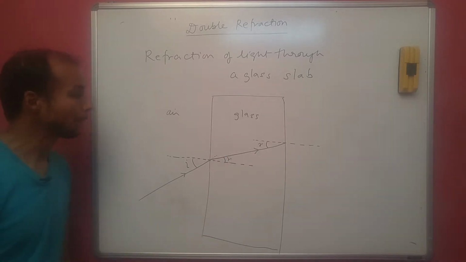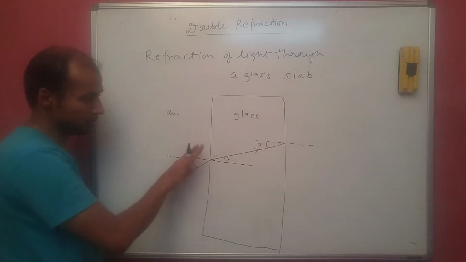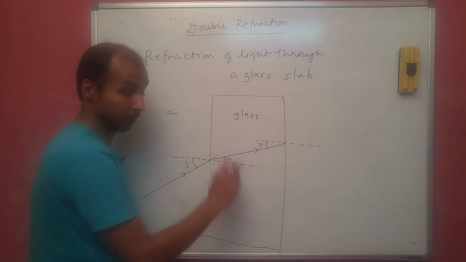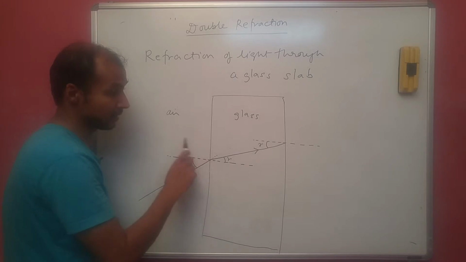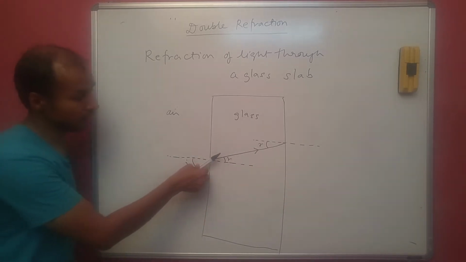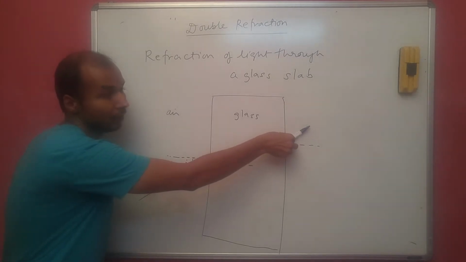Now this one is going from air to glass and this one is going from glass to air. So going from glass to air, it will go away from the normal. Since the two mediums involved are the same, by the same amount that it bent towards the normal, it will go away from the normal.